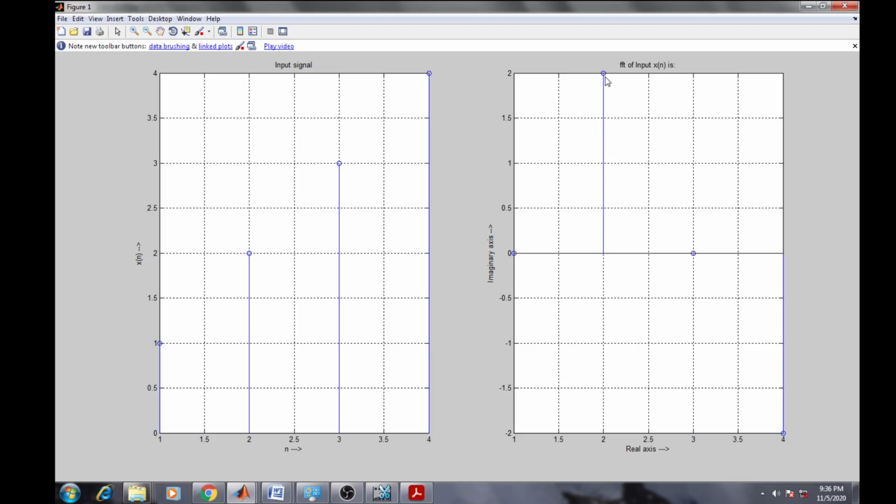The values are shown over this: 10 at the first point, at 2 it is minus 2 plus j2, at 4 it is minus 2, and at 3 it is 0, and at 1 it is 0. So all these values are narrated here.